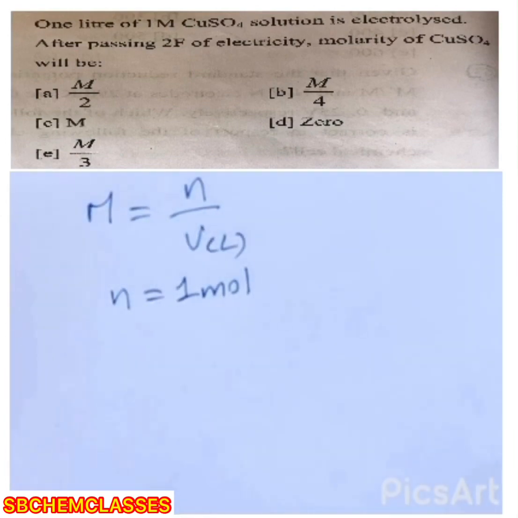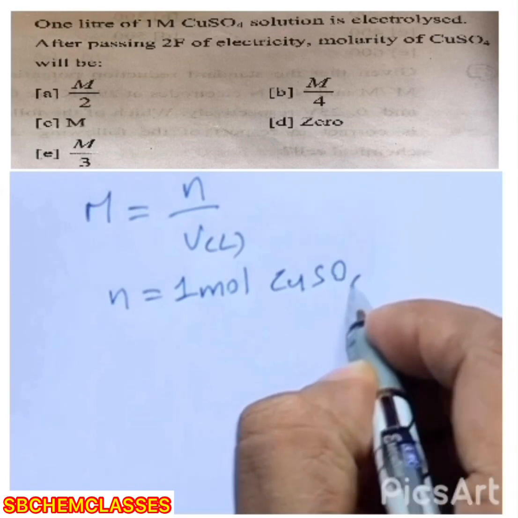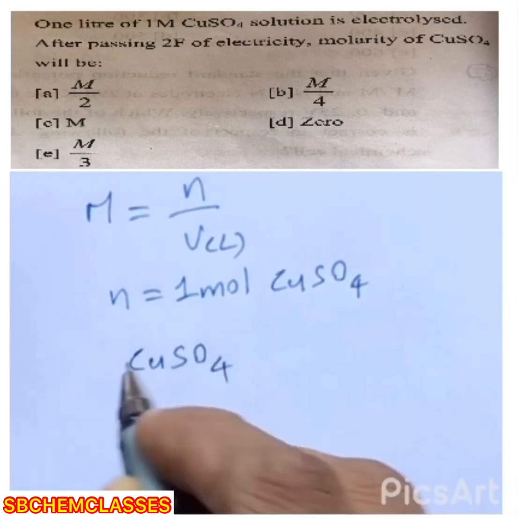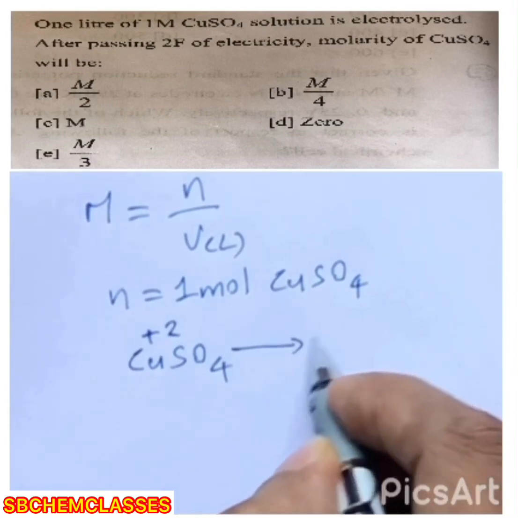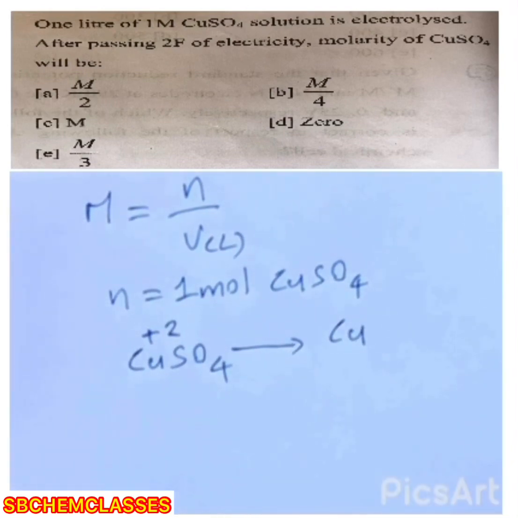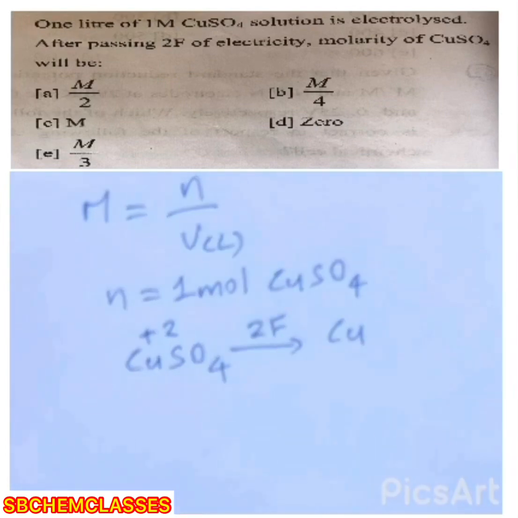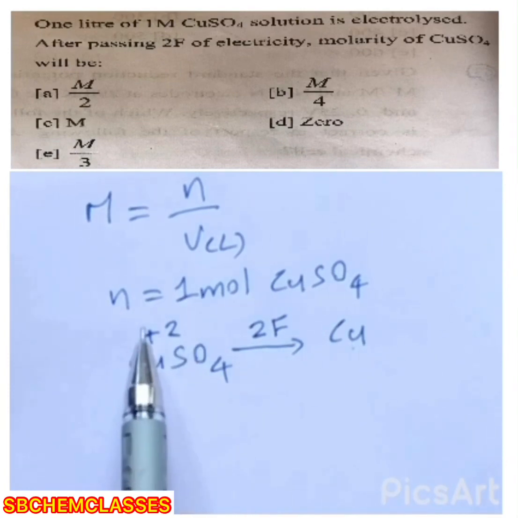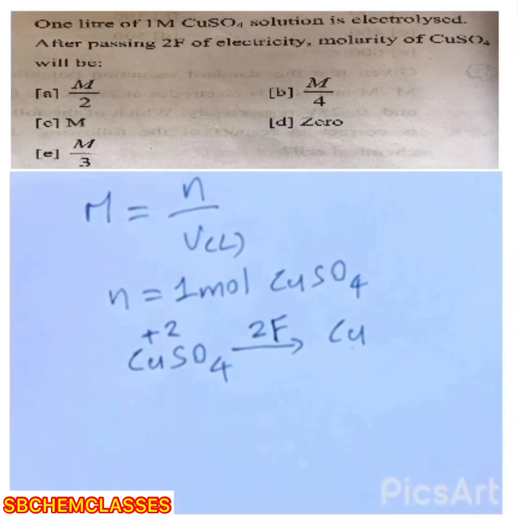So we have 1 mole copper sulfate. In copper sulfate, copper has charge +2. To convert it completely to copper, from +2 to 0, 2 mole electron is transferred, that is 2 Faraday electricity is required.